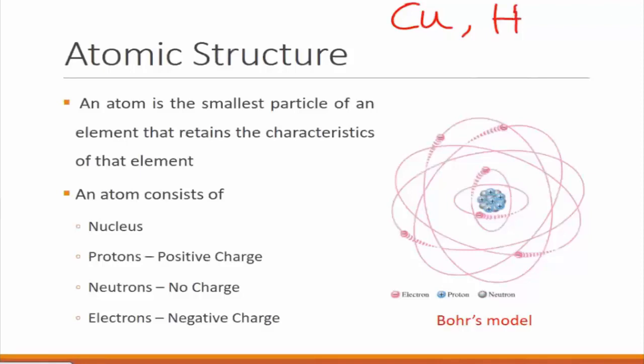So in their basic structure, if you take any material for that matter, whether it's copper, hydrogen, or the most widely used material in electronics for diodes and transistors, silicon, Si is its symbol. So for any material that you can consider, the heart of the material is known as an atom. An atom is nothing but the tiniest particle that you can find within every given material. For example, we can say silicon atoms, hydrogen atoms, copper atoms.